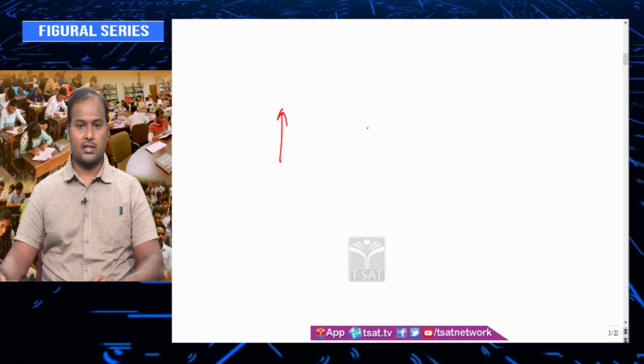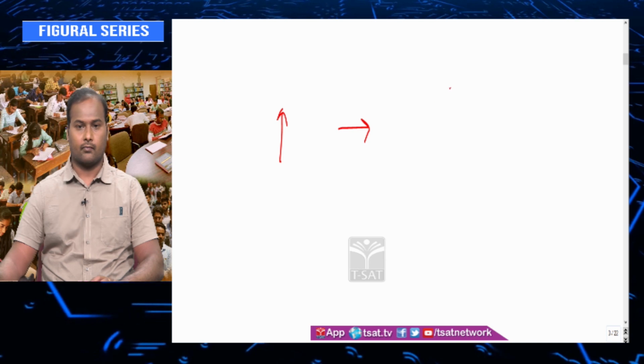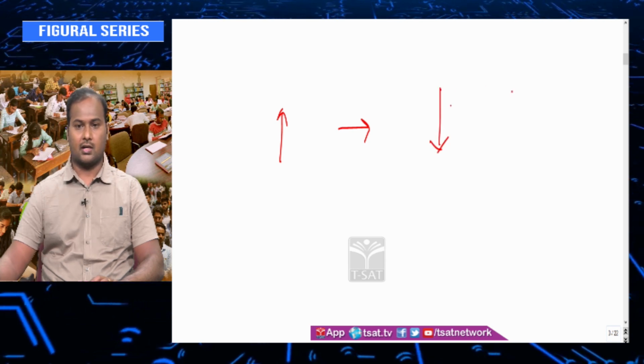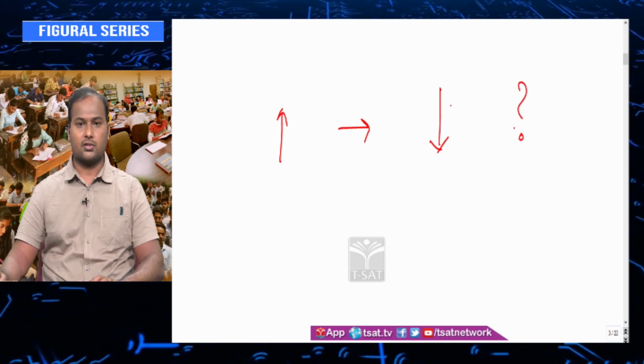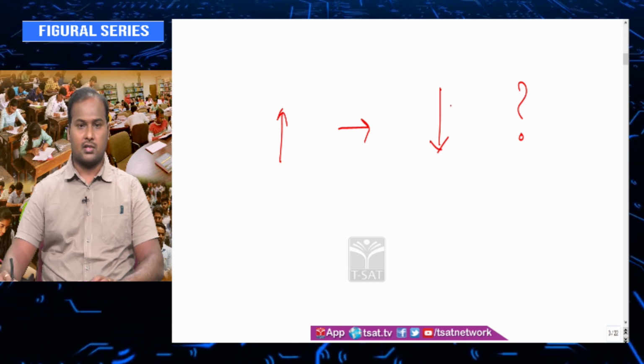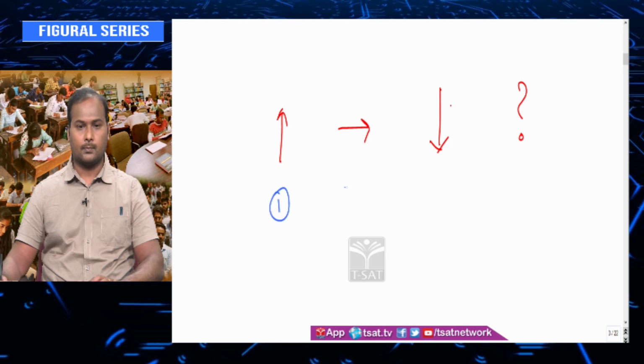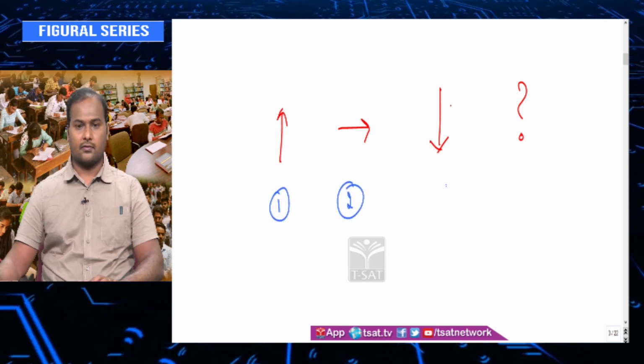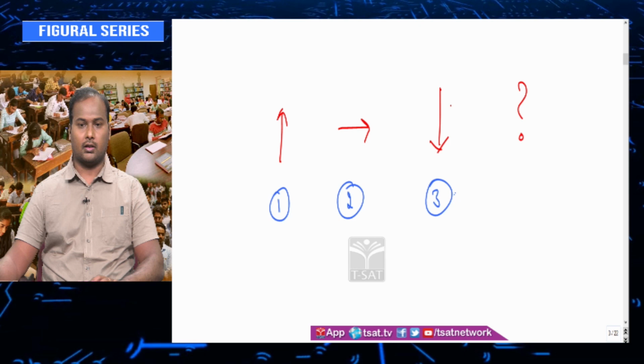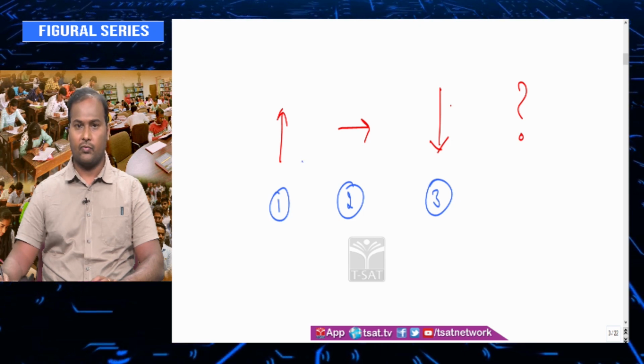Imagine there is one figure like this, and in the next figure it is given like this, and the next one is asking like this, and you will ask what is the next figure that is going to be expected. See, what we need to do in the series: observe the change from figure 1 to figure 2 and the change from figure 2 to figure 3, and you need to get the answer for figure 4.